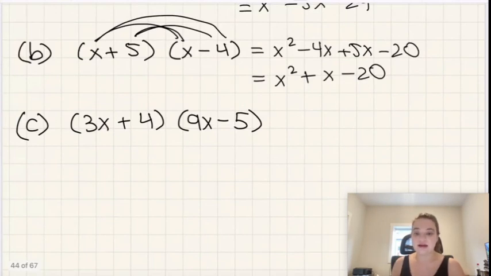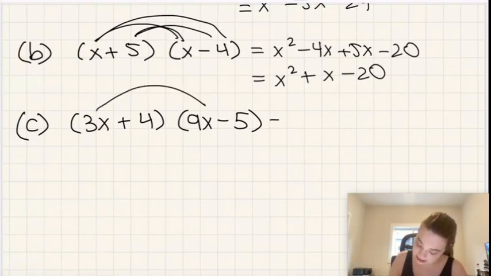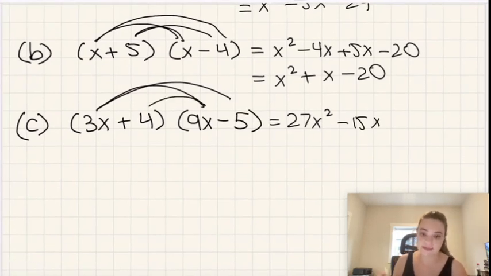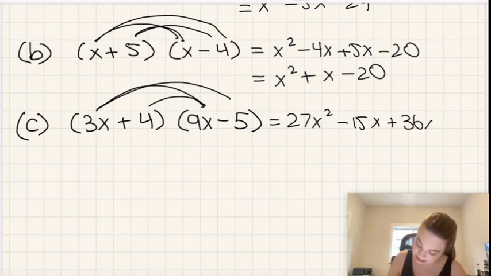So this next one here, the first thing we're going to do is 3x times 9x. That's going to be 27x squared. Then we have outer, which is 3x times negative 5, which is negative 15x. Then inner, we have 4 times 9x, which, let's see, 4 times 9 is 36. So that's going to give me 36x in this case.